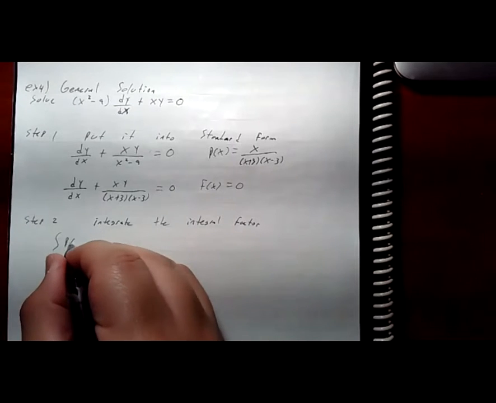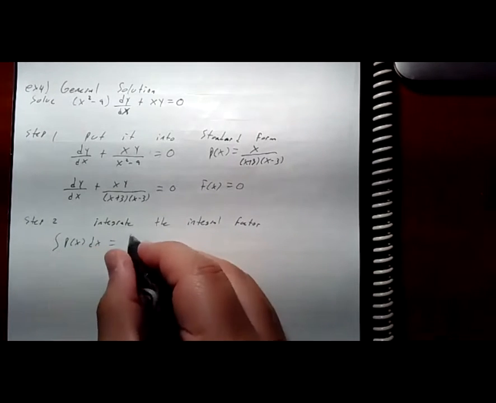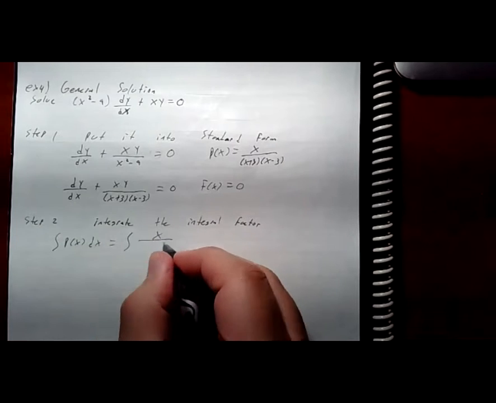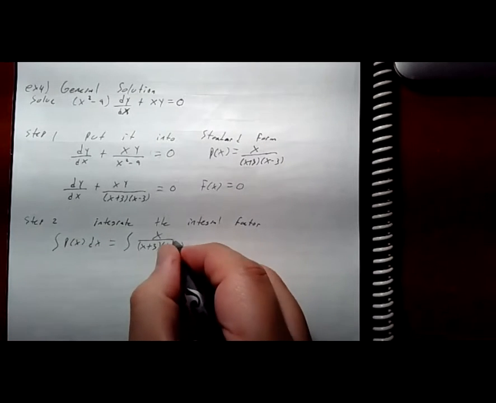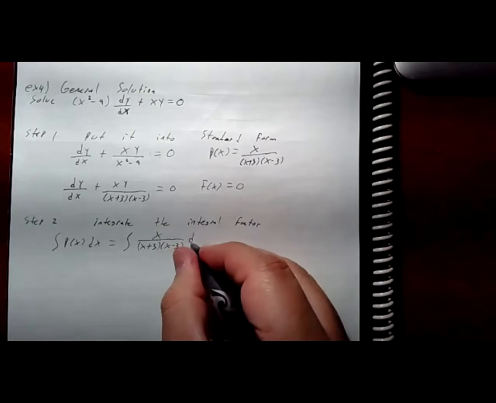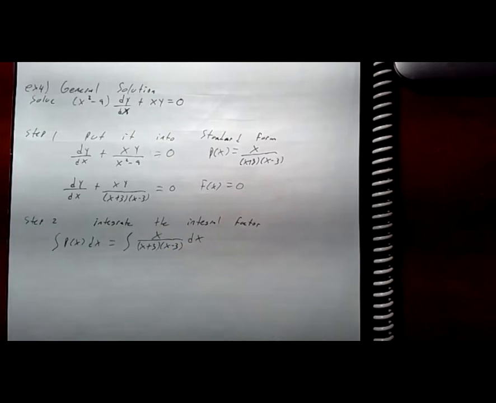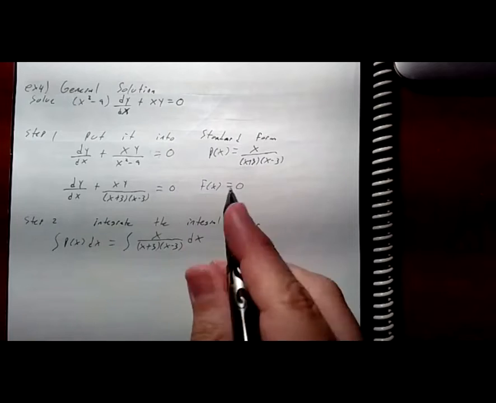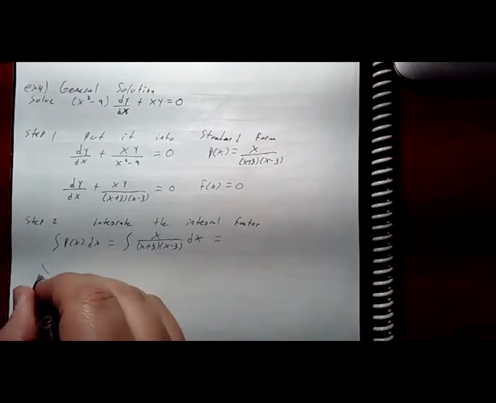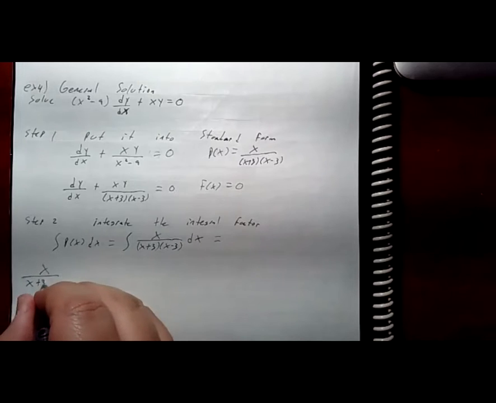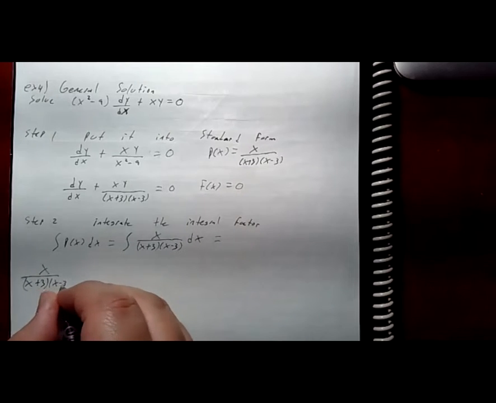So the integral of p of x dx is equal to the integral of x over x plus 3, x minus 3. Okay, so we're going to set up this guy right here using partial fractions.